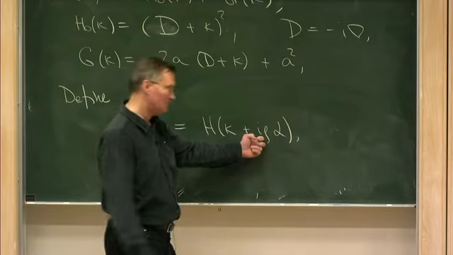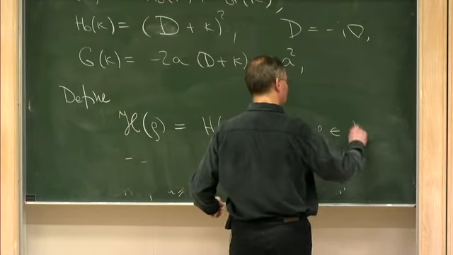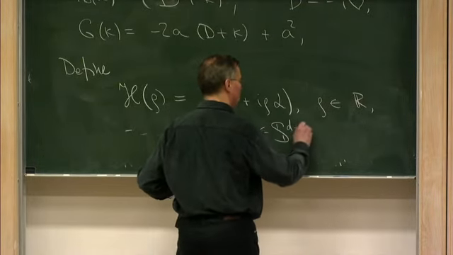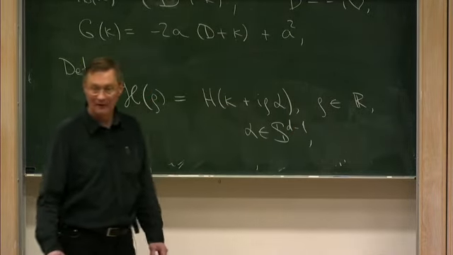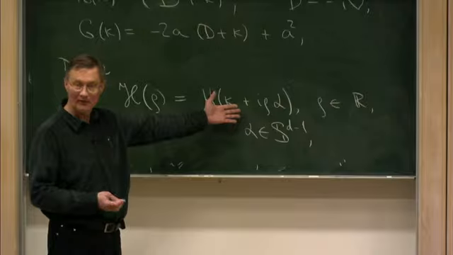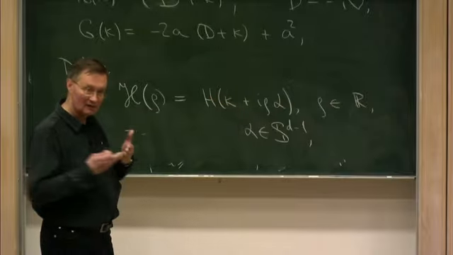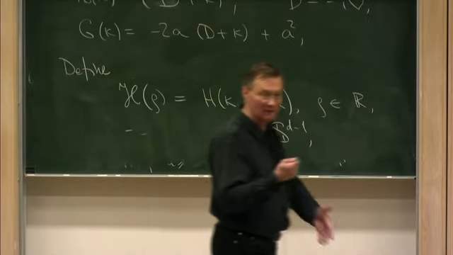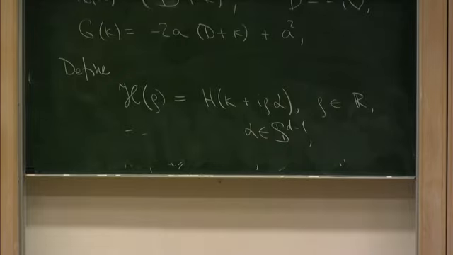Rho is a number, and alpha is a unit vector. So I choose a direction in the d-dimensional space and extend in this direction this component of the vector k. Okay? So I'm looking at the function of one complex variable here, in the direction alpha.